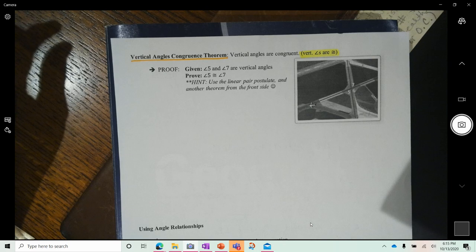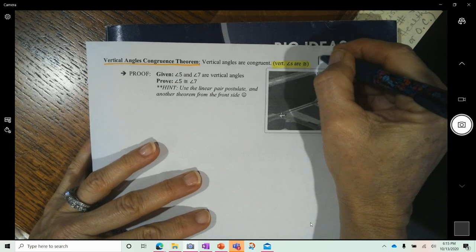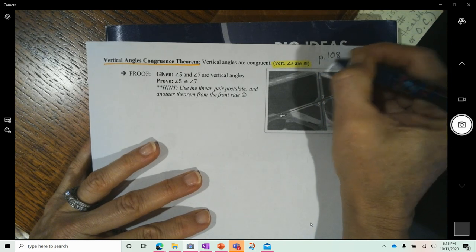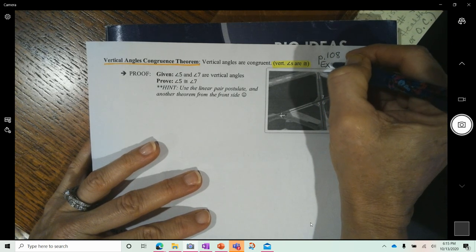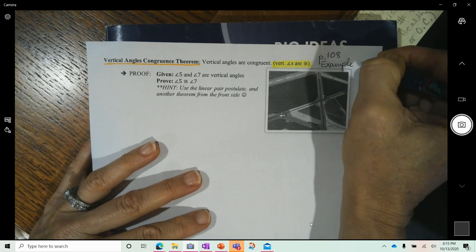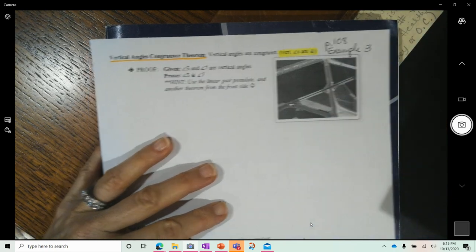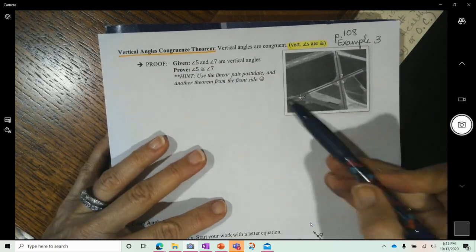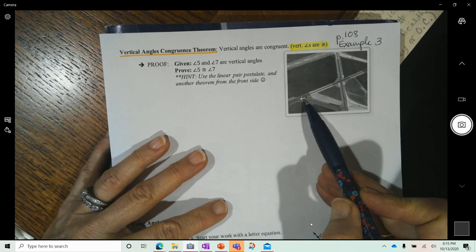Now, if you do want to look in your book, I am just going to add that this proof is on page 108, or maybe you want to see the picture better. It is example 3. But what you have here is a runway. There's a little plane.